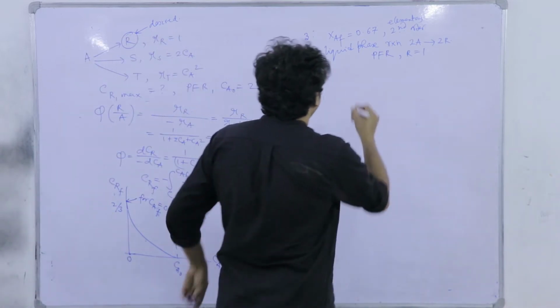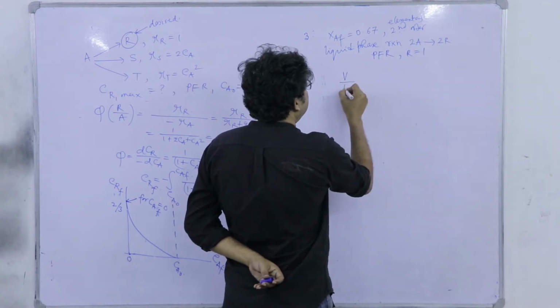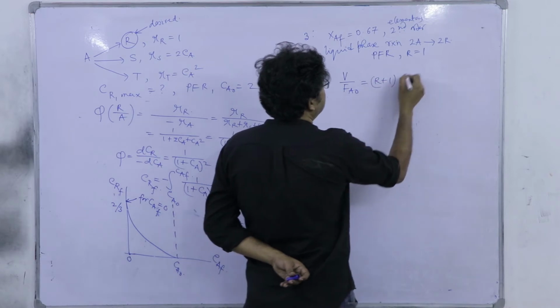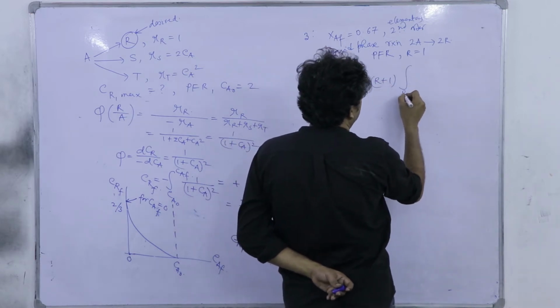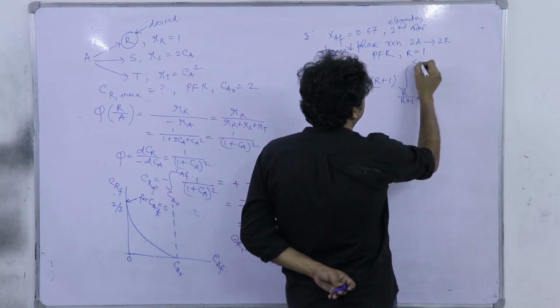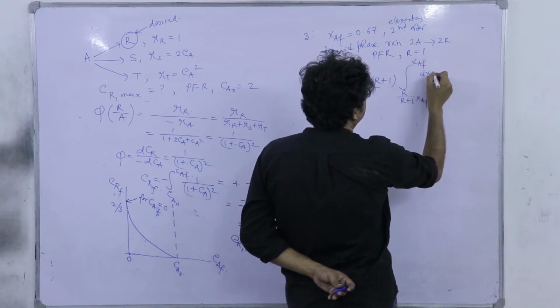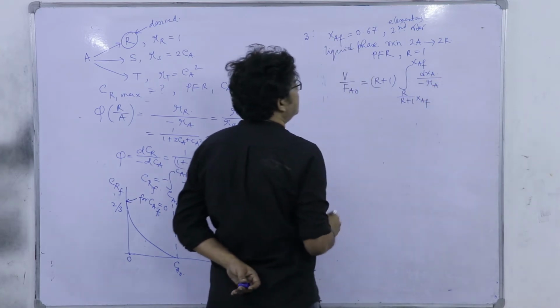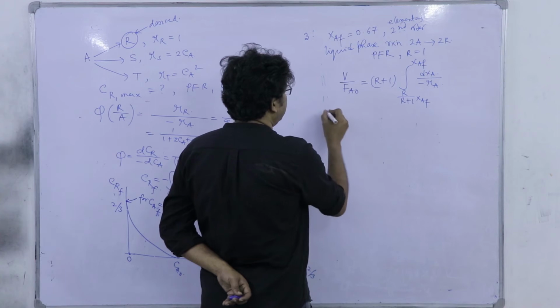So, V by Fa naught equals R plus 1 times the integral from R divided by R plus 1 XAF to XAF of dXA by minus RA. Right, that is the formula for the recycle reactor.